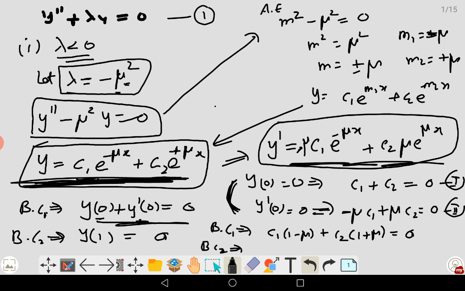In this equation of y, substitute x is equal to 1. You get c1 e raised to minus mu plus c2 e raised to positive mu is equal to 0. These two are very important results, 2 and 3, from which we are going to find the values of c1 and c2.